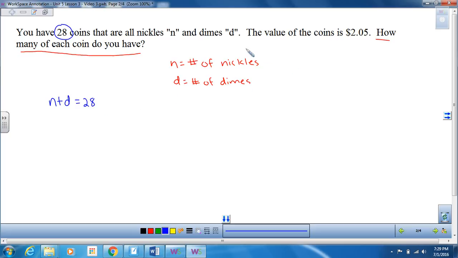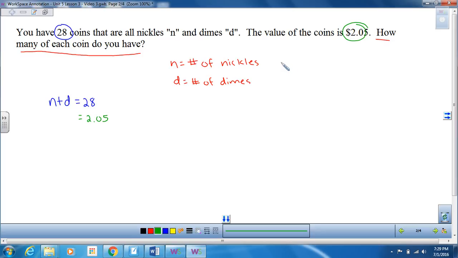Then my other equation comes from the value. So a lot of times with elimination word problems, you have a total number and total value. And in this case, I need to know what the value of nickels and dimes are. So I know their total is $2.05. But I want to know what nickels are worth and dimes are worth. So you know nickels are 5 cents.